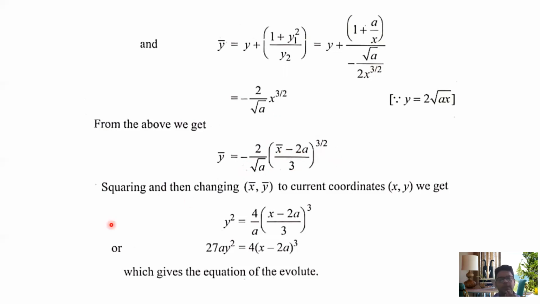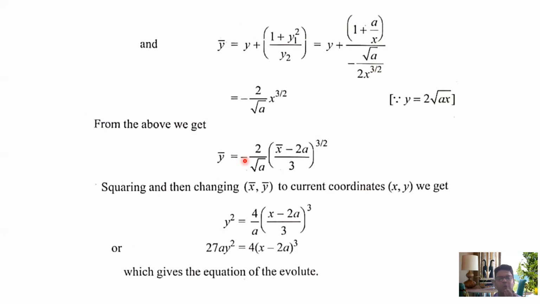So the locus, that is squaring both sides and changing the x bar, y bar into the current coordinates, because if you want to find the locus, then you have to replace x bar, y bar in terms of x and y.